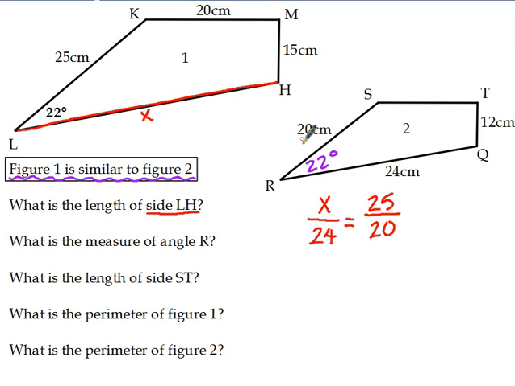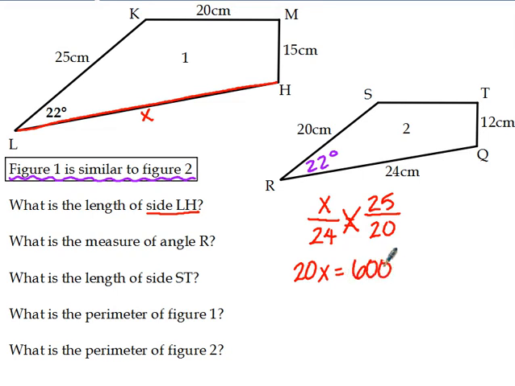So if I cross multiply, I have 20 times x, 24 times 25, sorry about that. 24 times 25 is 600.